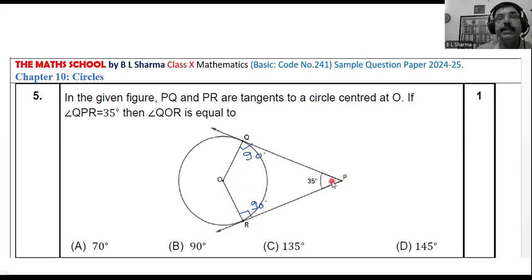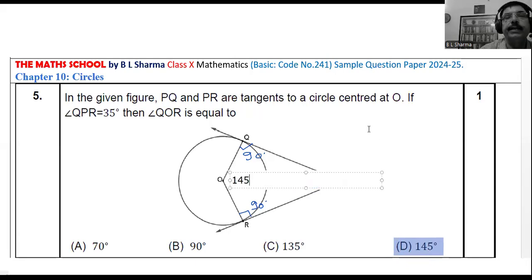So 35 is this, so this angle should be 145 degrees. Because 145 plus 35 will be 180 degrees. This angle should be 145 degrees. So D is the correct option.